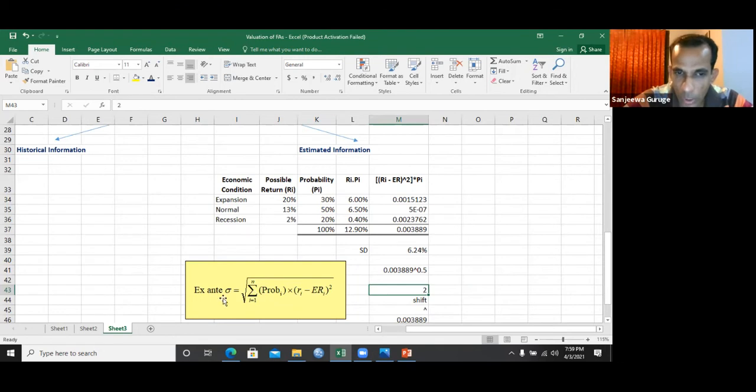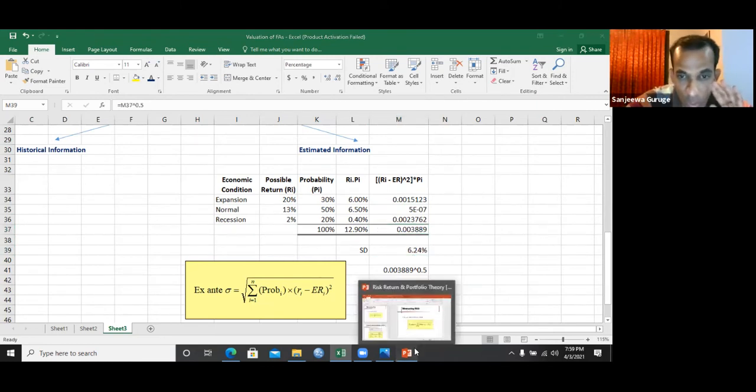We got the total, then when we get this total, we calculate the square root. That is what we did.